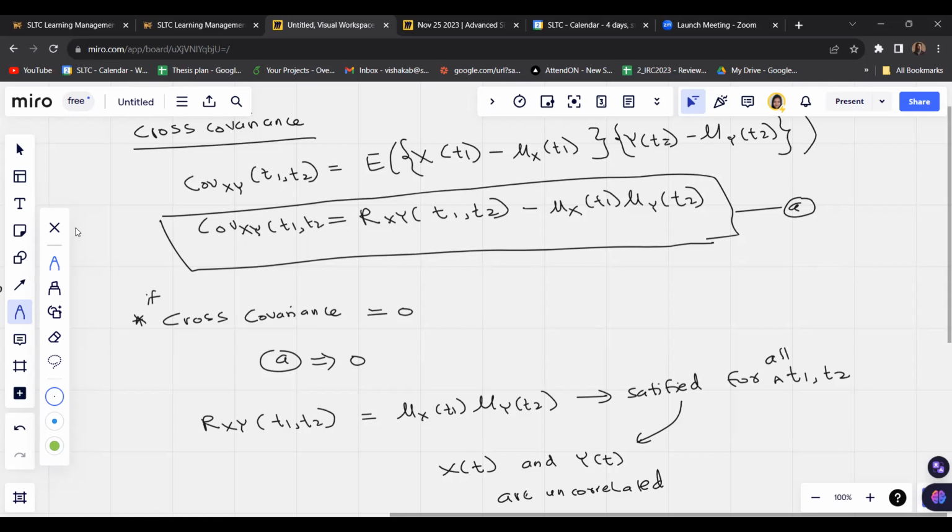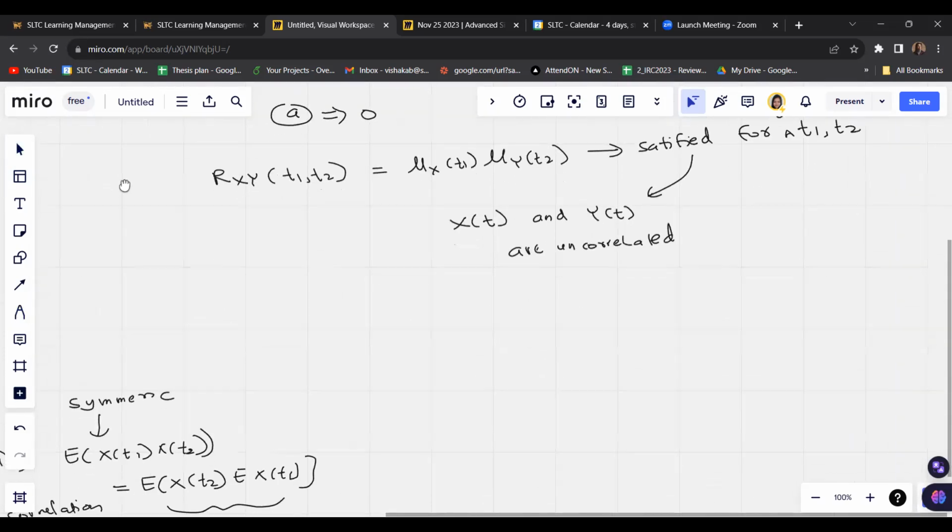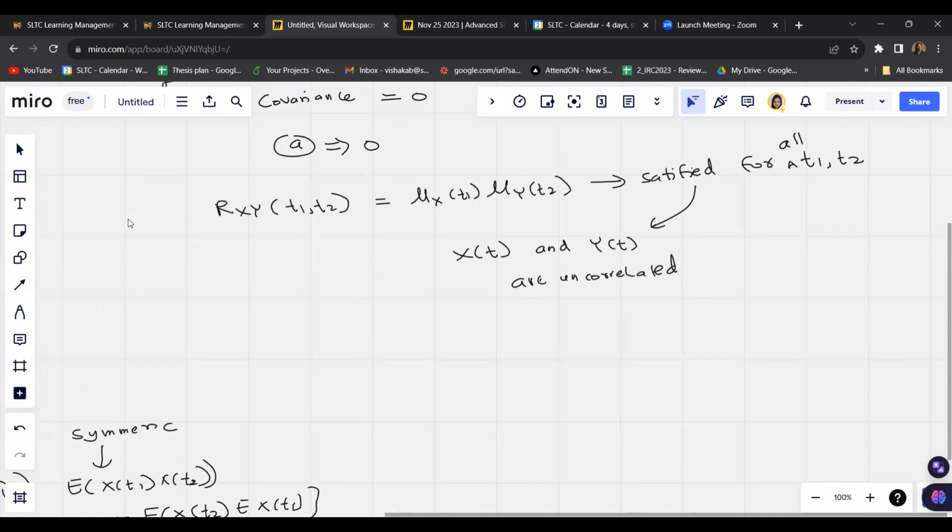So we discussed up to that point about independent processes, orthogonal processes, uncorrelated processes. With regard to independent processes, if there are two processes that are independent, then we can say that for sure those two processes are uncorrelated.